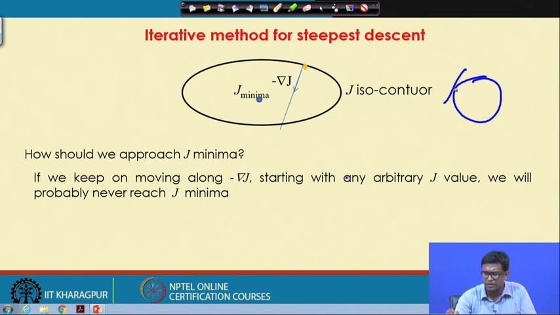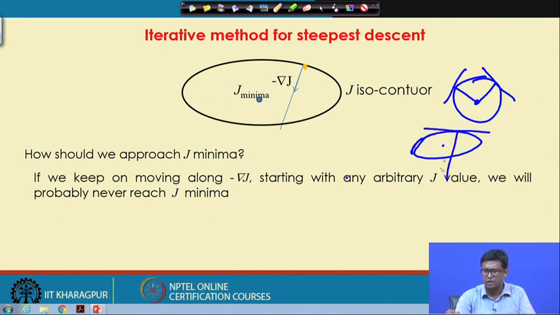So, if we start from any point, the normal should take me to the center. But if it is not a circle, if it is an ellipse and I start from somewhere here, the minima is here, I will never reach the minima, I will go somewhere else.